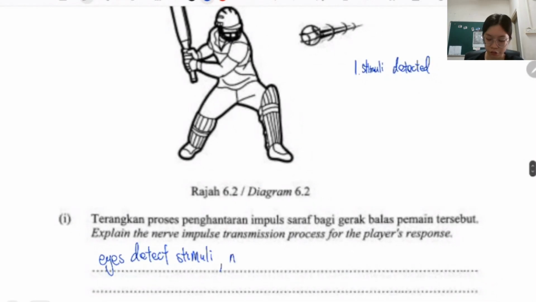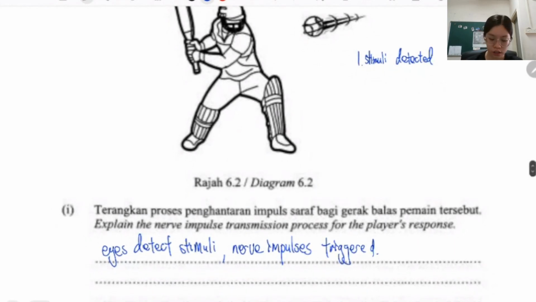And then nerve impulse. Nerve impulse is triggered because they have to transmit in the form of nerve impulse. So the nerve impulse is triggered, later on the impulse will be sent to the brain.